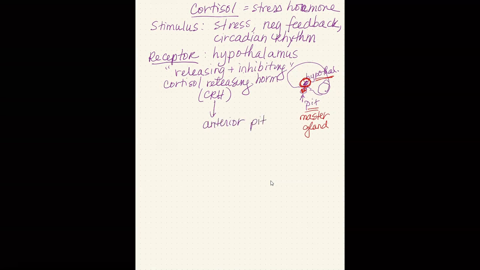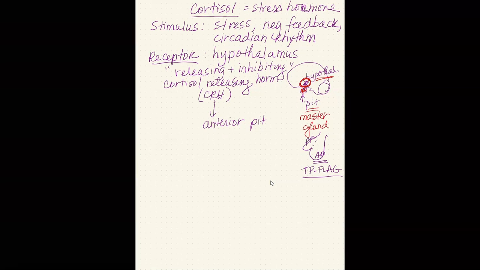The pituitary has two parts, a big part and a little part. The anterior pituitary is the big part, and the part to the back is the posterior pituitary. The hormones that the anterior pituitary releases, we use this little TP flag thing to remember them, so we'll talk about some of those today.